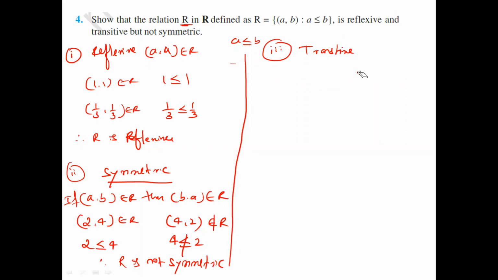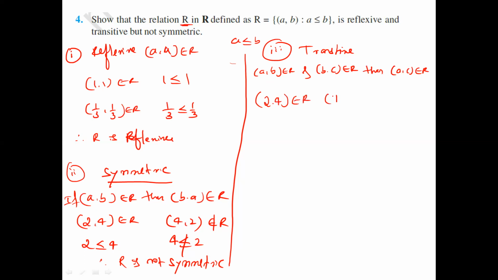It doesn't look good, so I'm going to write once again. (a, b) belongs to R and (b, c) belongs to R, then (a, c) belongs to R. Now I will take a suitable example. Can I take (2, 4)? Yes, I will take (2, 4) belongs to R.